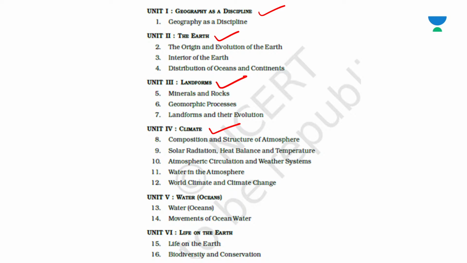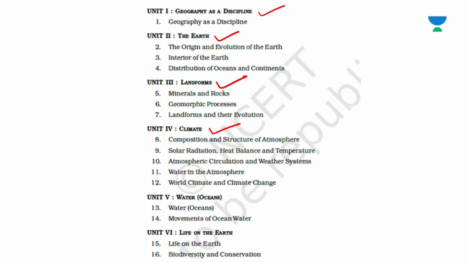In the unit on the Earth, we have discussed in detail the origin and evolution of Earth, where we discussed the early theories of the origin of Earth, and then modern theories, where we discussed the origin of the universe.